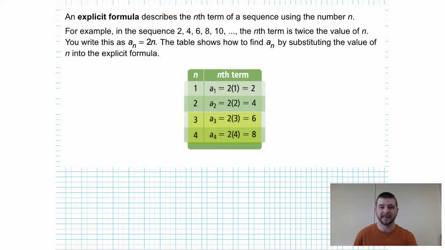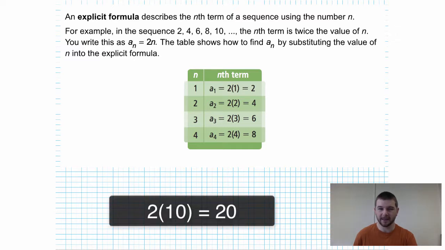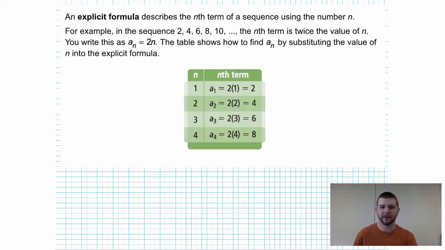If asked to find the 10th term in the sequence, we would substitute 10 for n and find that a sub 10 equals 2 times 10, and that's 20. Similarly, the 101st term in the sequence would be exactly 2 times 101, or 202.